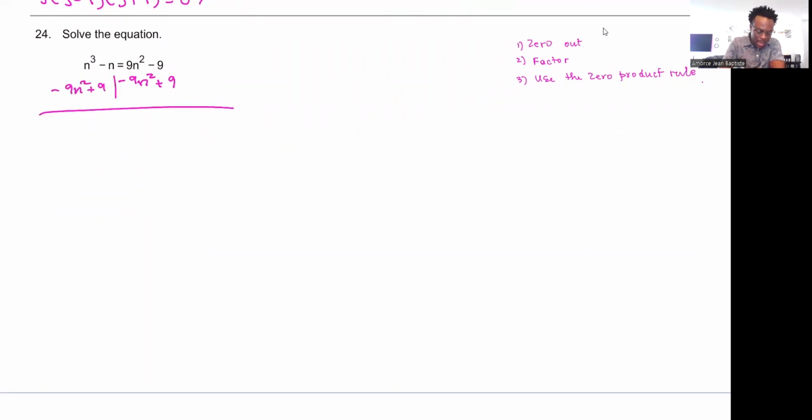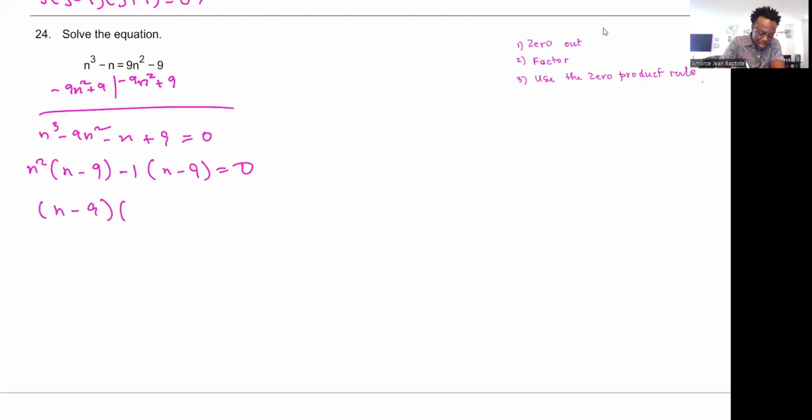And then we put it in standard form: n cubed minus 9n squared minus n plus 9 equals 0. Factor by grouping: n squared times n minus 9, minus 1 times n minus 9 equals 0. N minus 9 times n squared minus 1 equals 0.